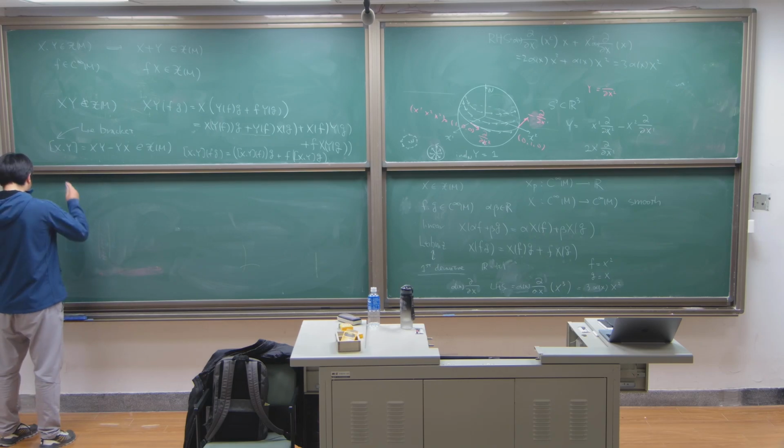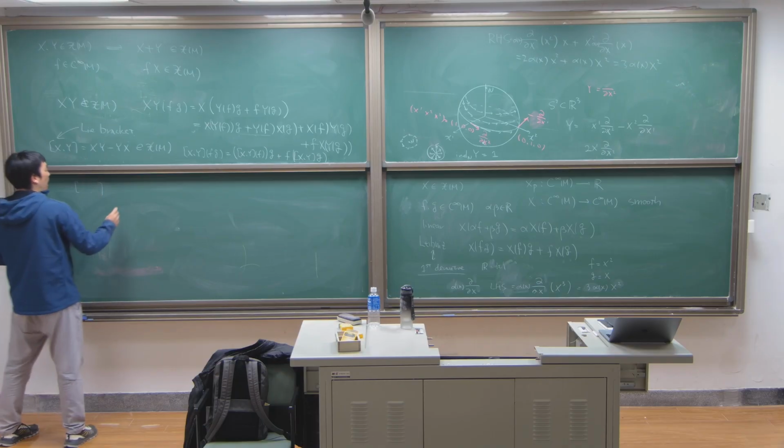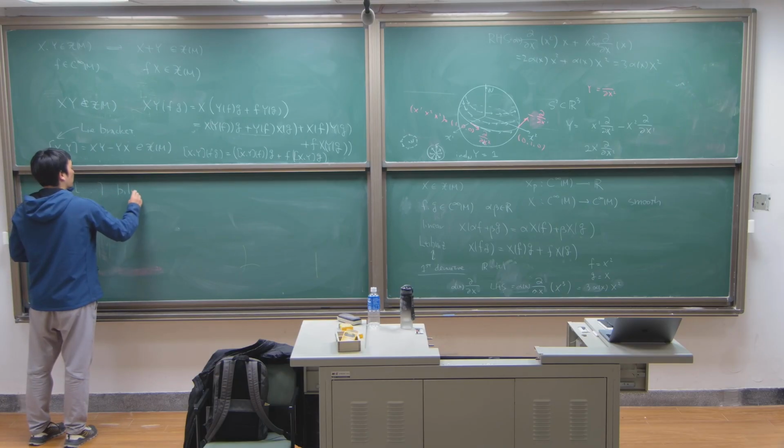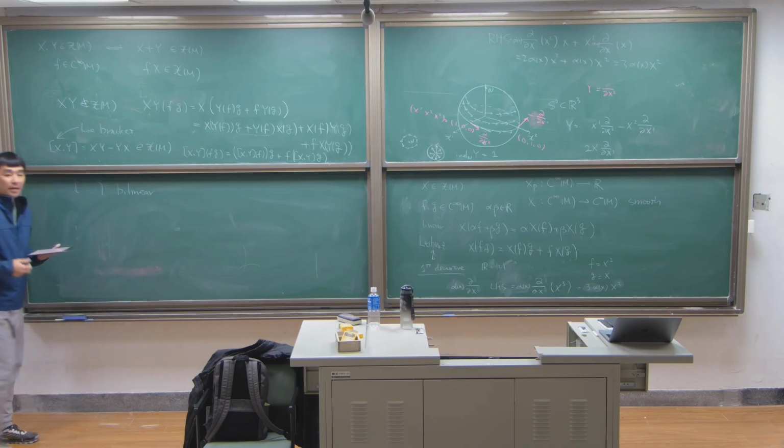So this Lie bracket satisfies the following thing: it is bilinear. What does bilinear mean? Can you write down the definition of bilinear?